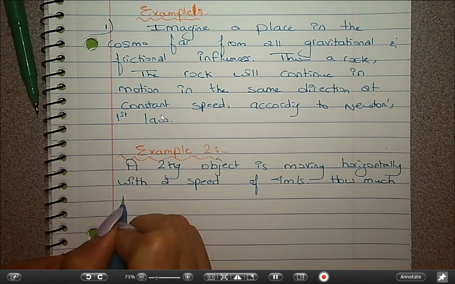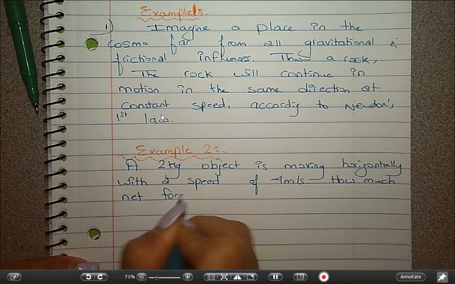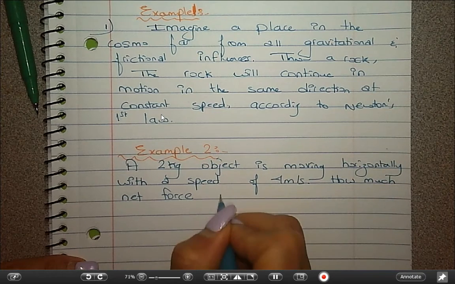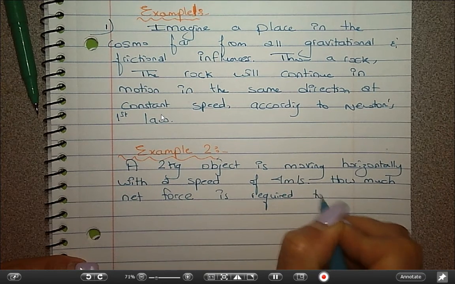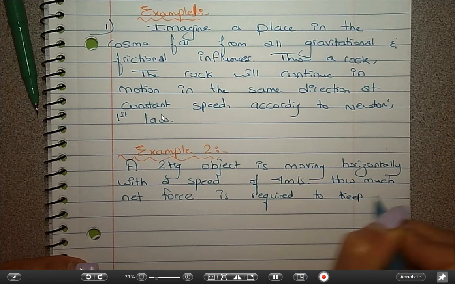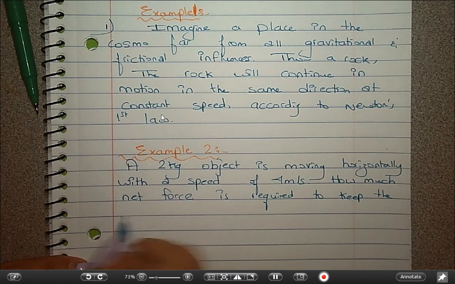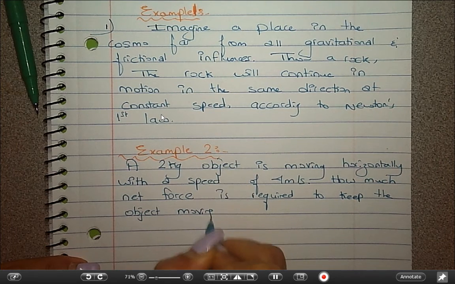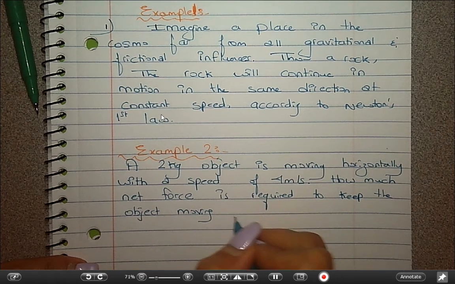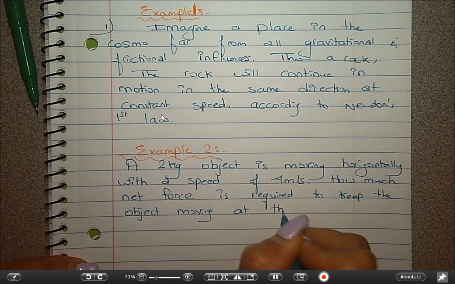How much net force is required to keep the object moving at this speed and in this direction?